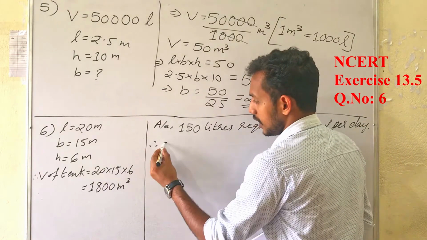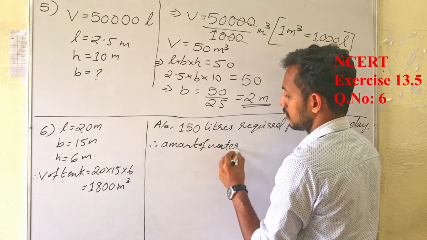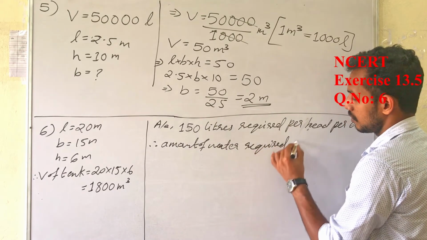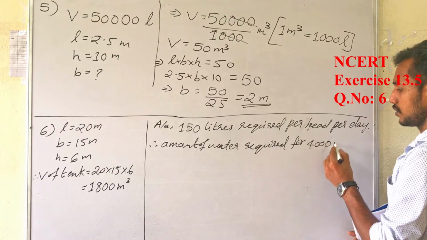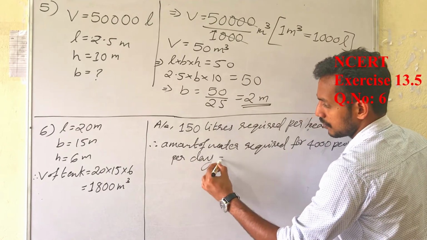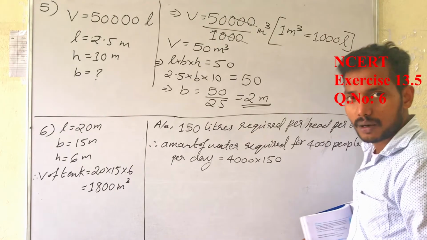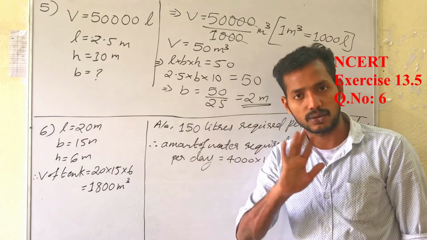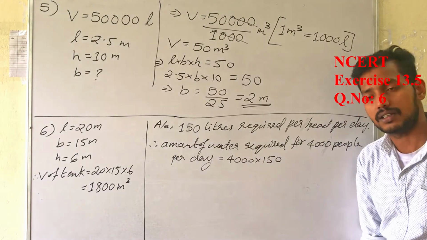Therefore, the amount of water required for 4,000 people per day is equal to 4,000 into 150 liters. For one person in one day 150 liters is required. Therefore, for 4,000 people, 4,000 into 150 liters are required.